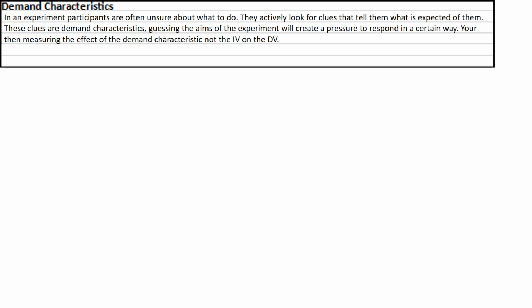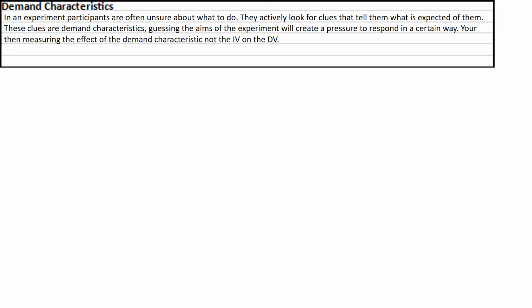Okay, so in an experiment, your participants are often unsure about what to do. They're going to look around for clues, see what's expected of them. These clues are the demand characteristics. So by guessing the aims of the experiment, the participants in a strange situation, or at least they think they've guessed the aims, now either respond naturally, which I guess is pretty hard to do once you've figured out what the aims are, or they respond in a way which they think you expect them to respond, or they respond in the opposite way to hinder your research.